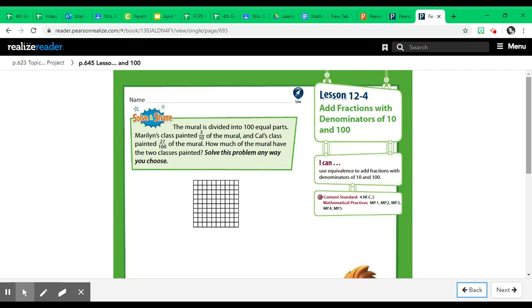So what you're wanting to do is, using the mural they have here, find out how much they've painted together. Okay, so Marilyn's class painted 3/10 and Cal's class painted 27/100. How could you use the picture to help you figure out the answer to this question? I'm going to give you a minute to solve it on your own, and then I'll help solve it with you.